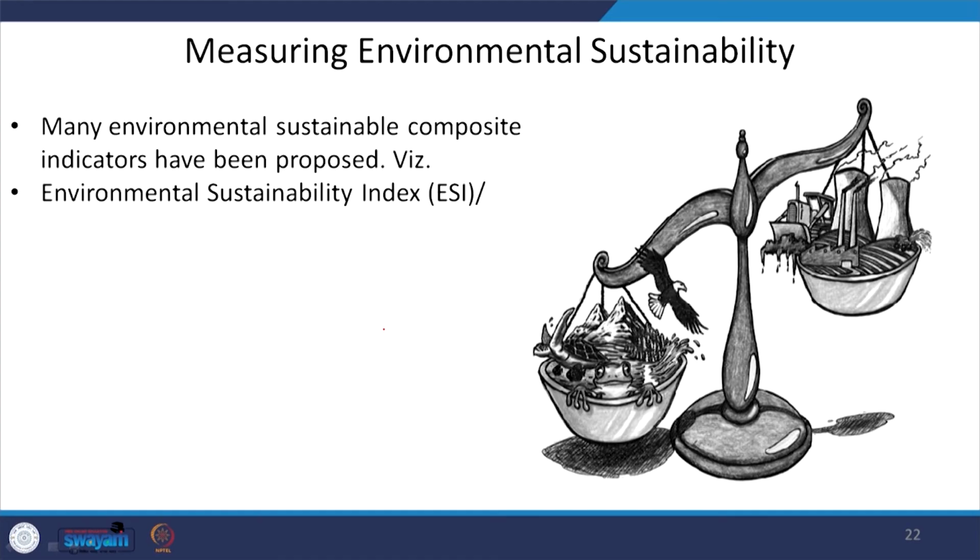The existing literature proposes some indicators or indices to measure this environmental sustainability. These are the Environmental Sustainability Index and the Environmental Performance Index. Both of these are composite indicators.